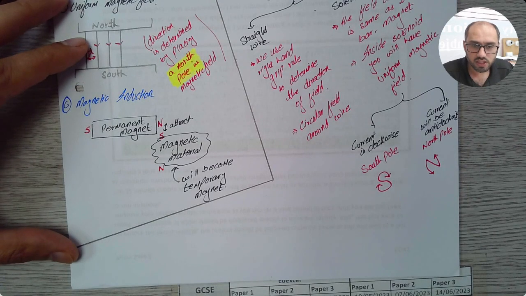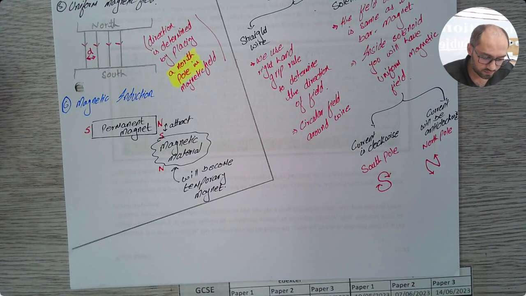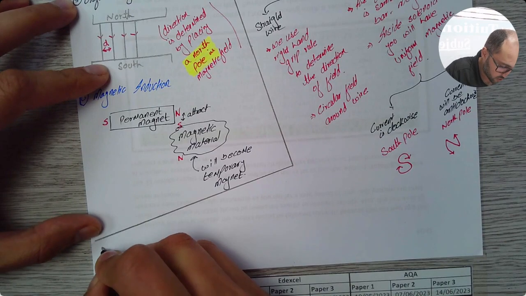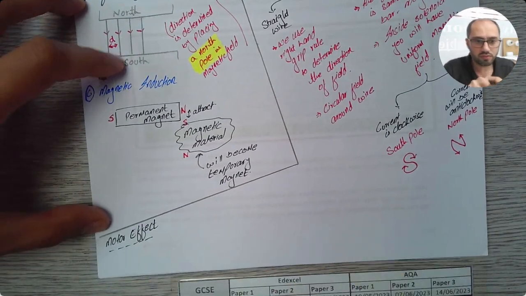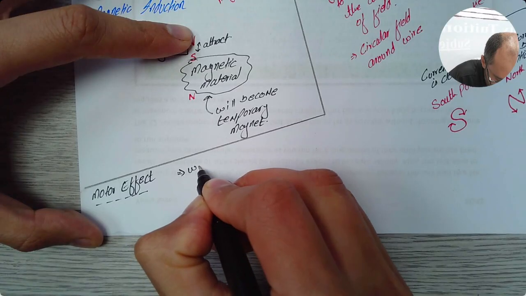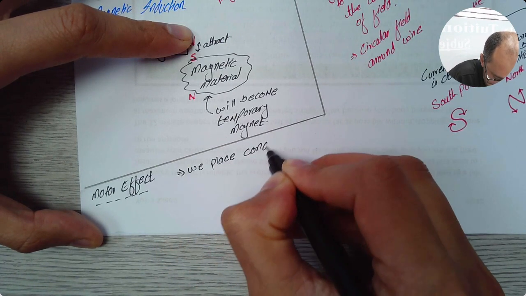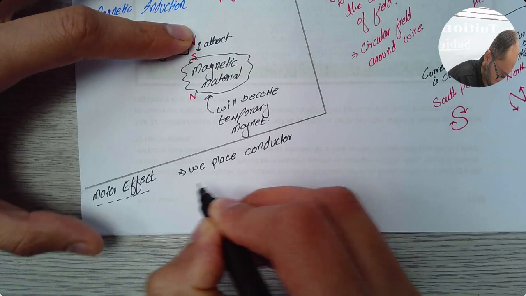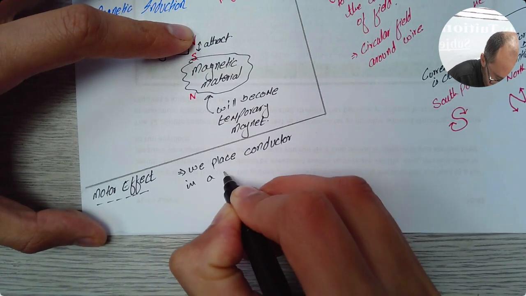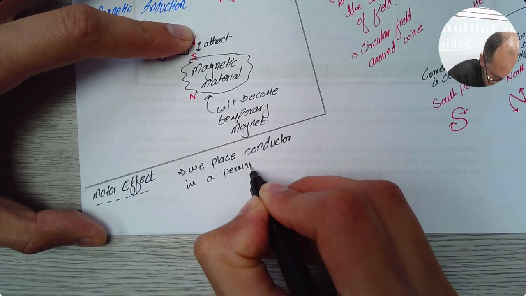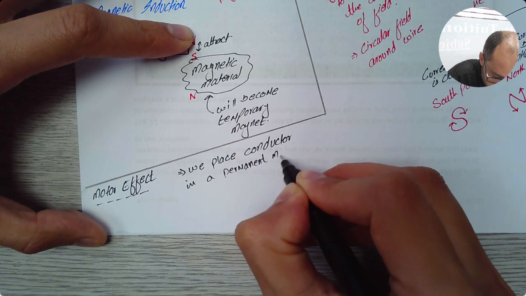The last section on electromagnets is about the motor effect. Now, when it comes to the motor effect, we place a conductor in a permanent magnetic field.